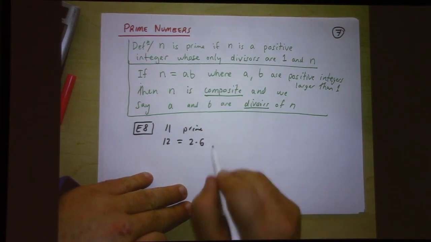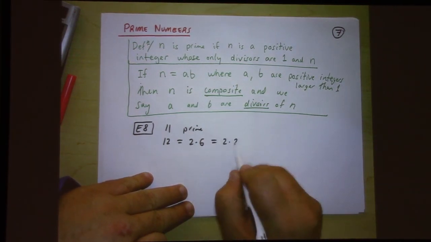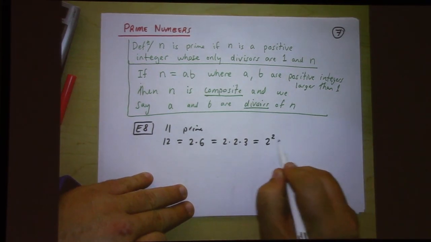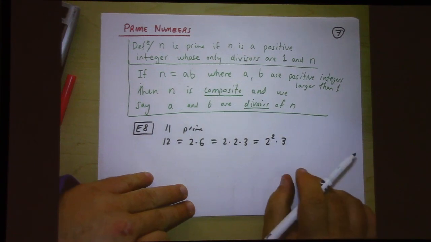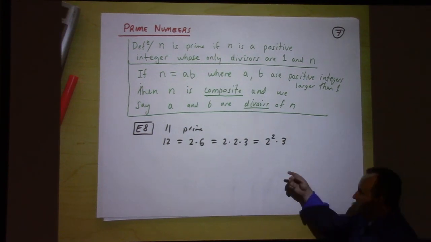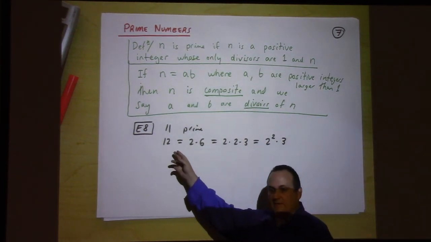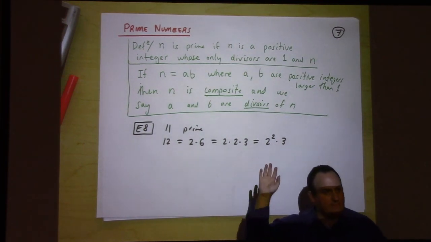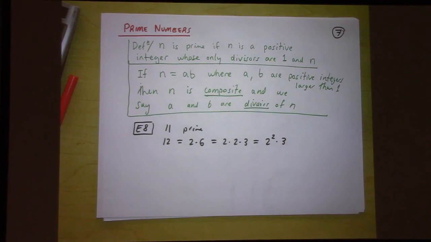No, it's not prime. 6 is itself 2 times 3, right? So 12 we can write as 2 squared times 3. All right, this is an example of the fundamental theorem of arithmetic. The fundamental theorem of arithmetic says that any positive number can be written as a product of primes or powers of primes, and uniquely so up to reordering.